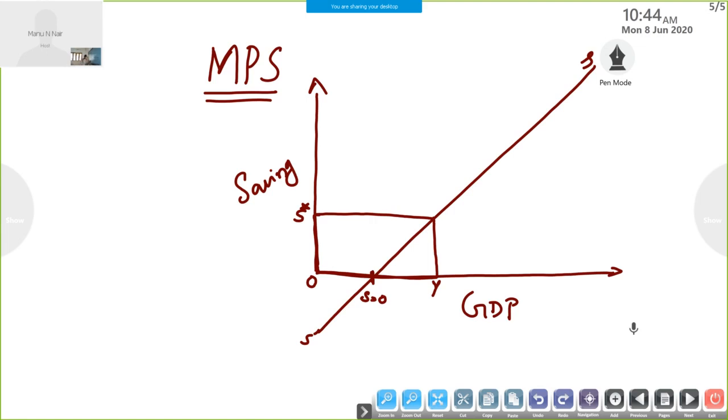For that we need additional level of income, then only we can save from the additional income. So suppose additional level of income is OY dash and additional level of saving is OS dash.